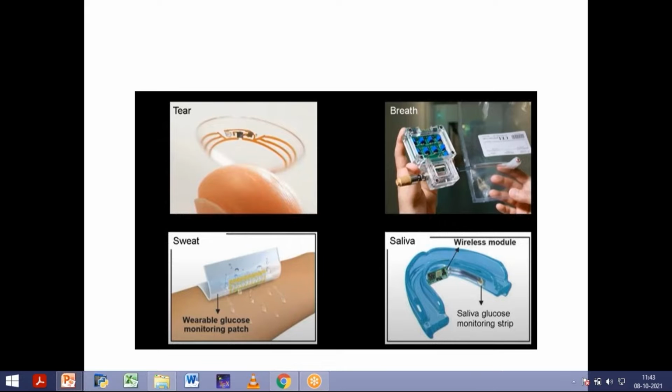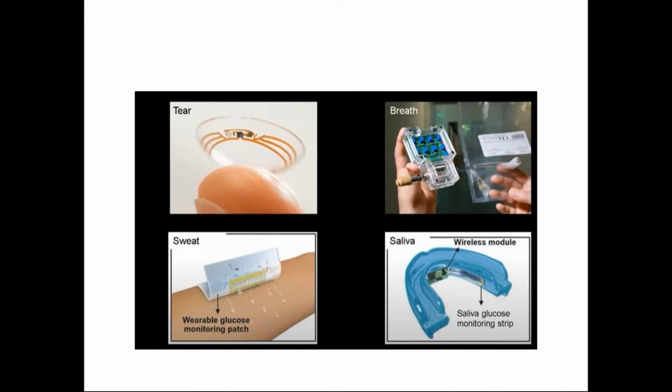So the person just needs to wear the patch and it will continuously monitor the glucose level throughout your days on end. So this is a non-invasive technology and thus far better in terms of ease and monitoring for diabetic patients.